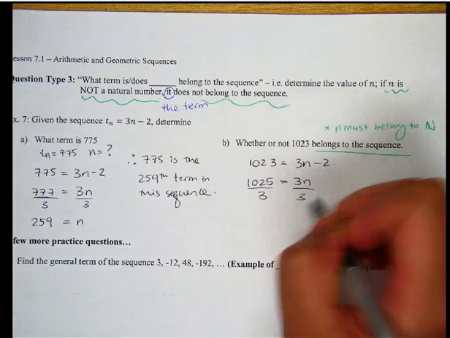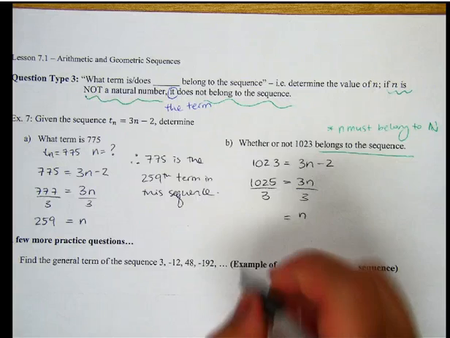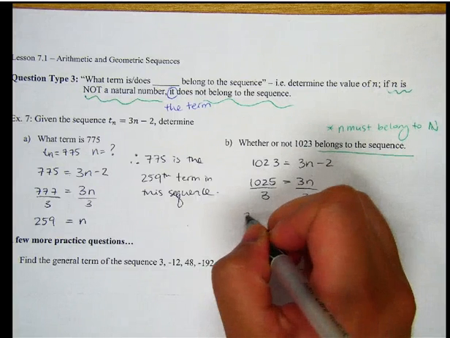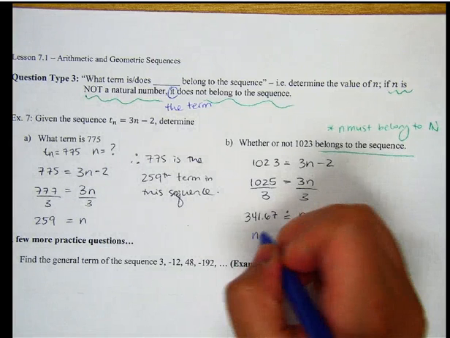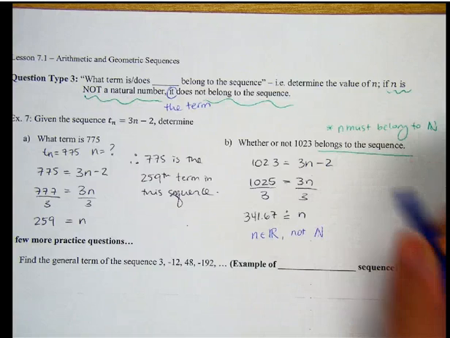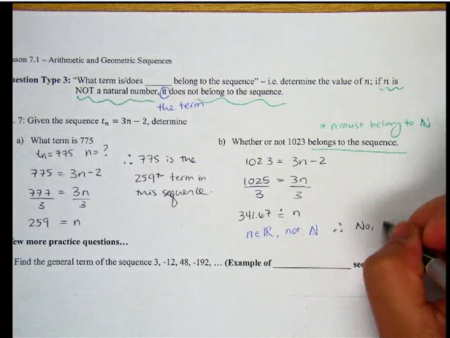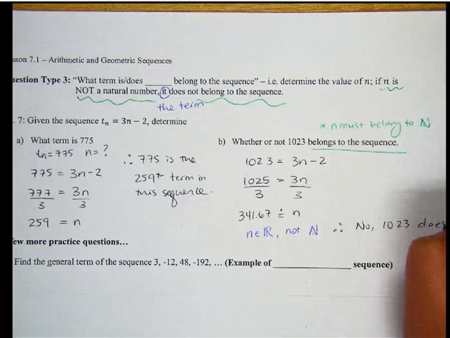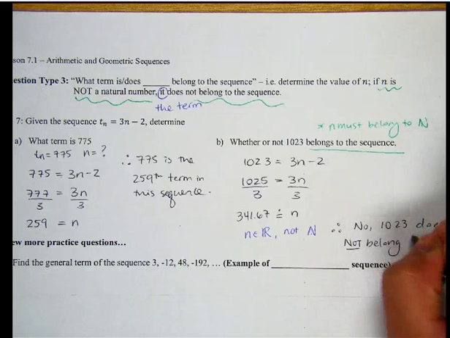Now divide both sides by 3, and we end up getting that n is equal to approximately 341.67. So as soon as we see that n belongs to the set of real numbers, not the natural numbers, we can say, therefore, no, 1023 does not belong to the sequence.